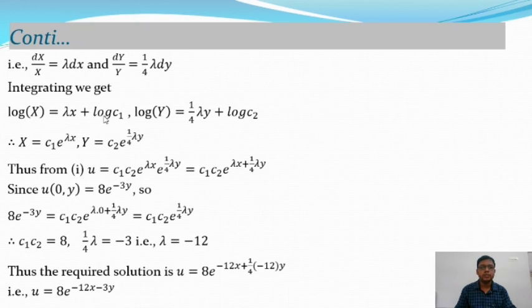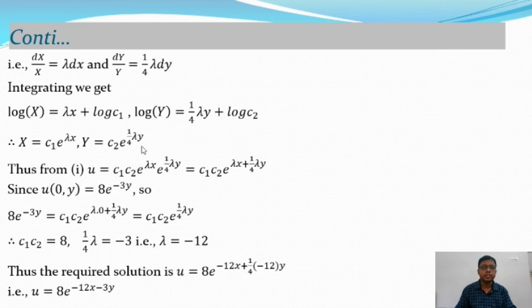So from the first equation we will get the value of x is equal to c1 into e to the power lambda x, where c1 is the integrating constant, and from the second equation we will get the value of y, y is equal to c2 into e to the power 1 by 4 into lambda y.